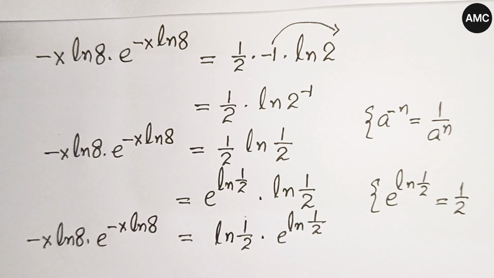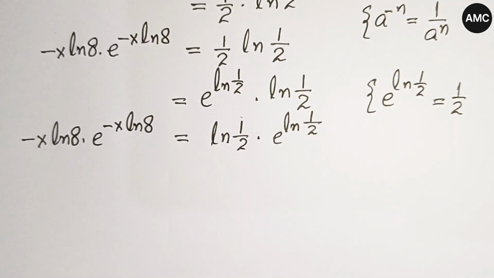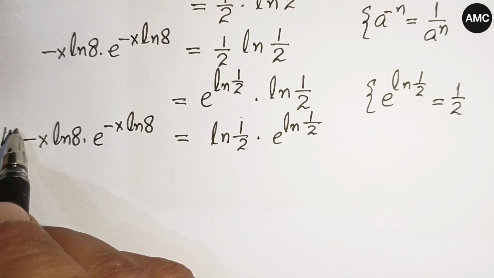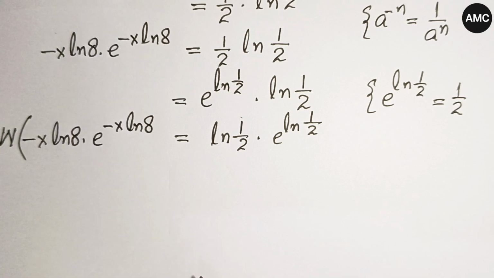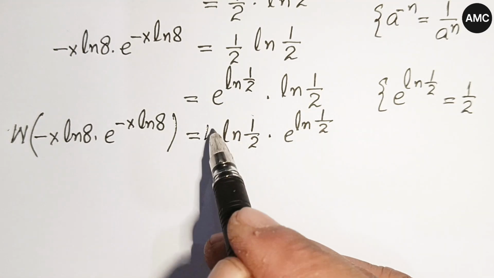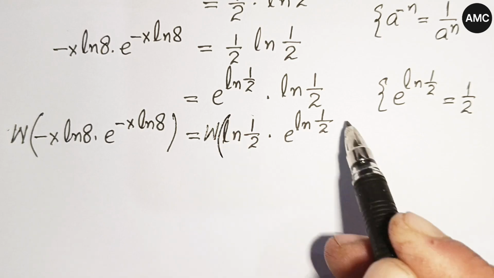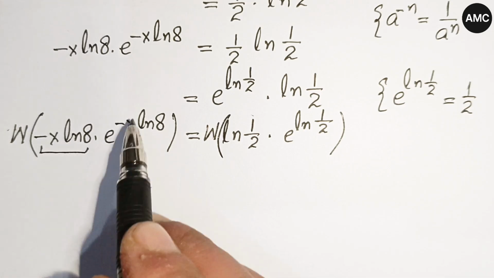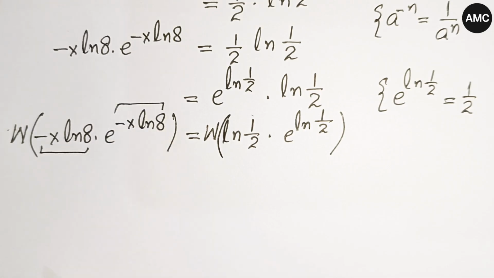So we have to use the Lambert W function. Now applying the Lambert W function on both sides, we have the Lambert W function of our left hand side and of our right hand side. Now this minus x natural log of 8 and this minus x natural log of 8 are the same.